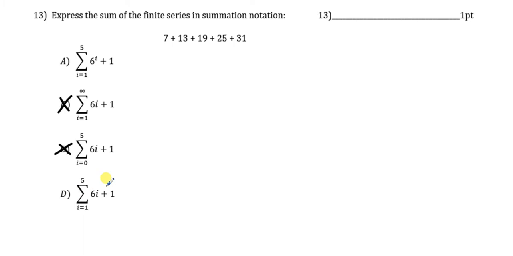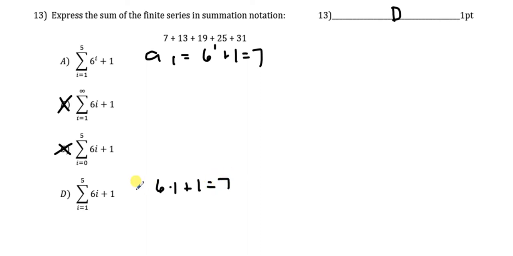You might be able to tell right now that the answer is D. But if you didn't, you just put 1 in for I, for A1. A1 equals 6 to the first power plus 1, which equals 7. Down here, I have 6 times 1 plus 1, which equals 7. So A1 for these first 2 are both equal to 7.